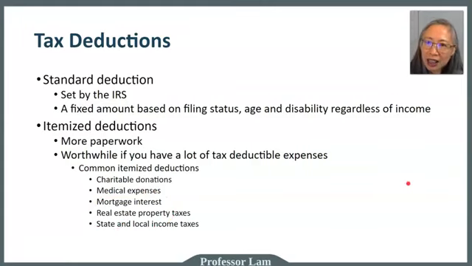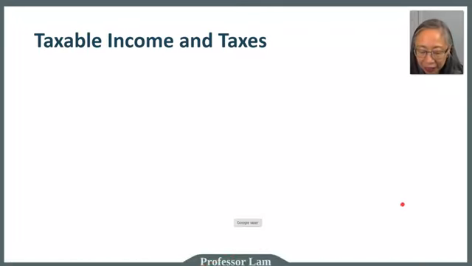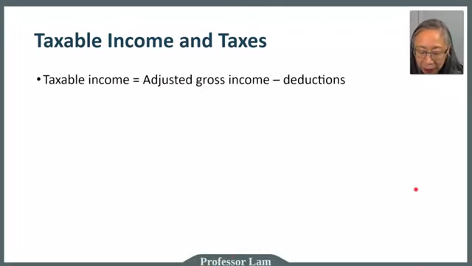So it is less common for people to take itemized deduction under the current tax law. But it is an option that is available to individuals, especially if you are using tax software. The software will oftentimes do both calculations for you, and you can decide which one works better. Once you have determined your adjusted gross income and your deduction, then you can figure out your taxable income.